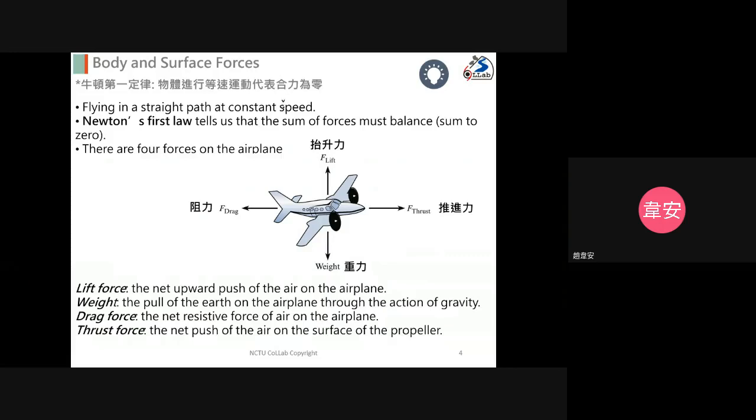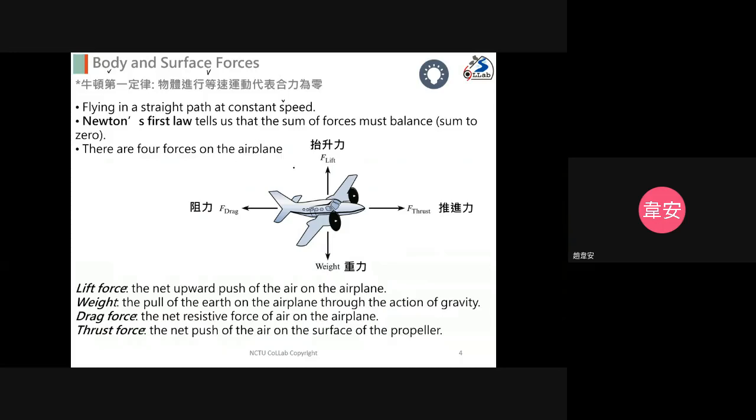For the force, we can divide it into two different types: the body force and the surface force. So how are they different?